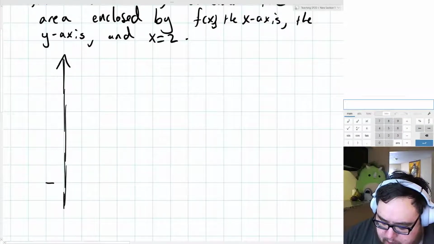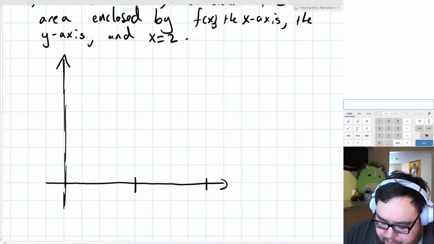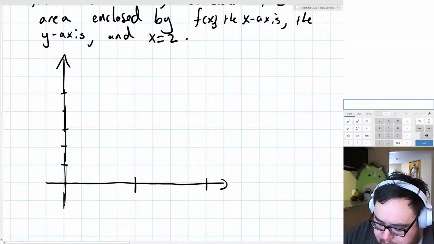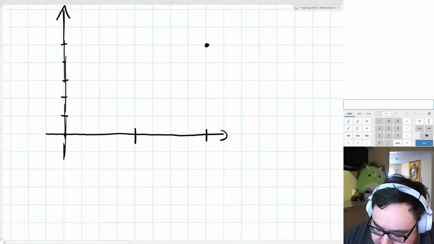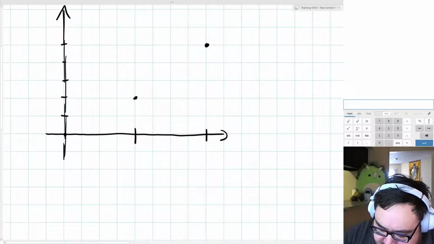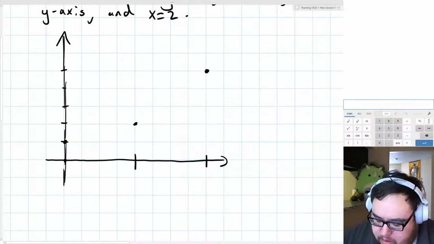So maybe we have our axes here, right? Maybe we'll have 1, 2. Whoops, that's too low. So we get the graph of the parabola shifted up by 1.